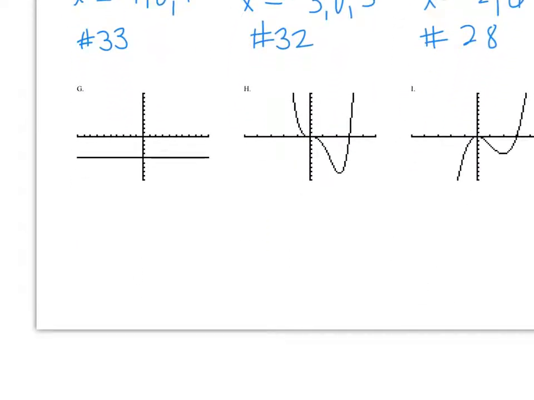All right, G. All right, here's that horizontal line. All right, that one, so there's no x-intercept, and that horizontal line was number 34. And you can see that it's got the y-intercept at -5.